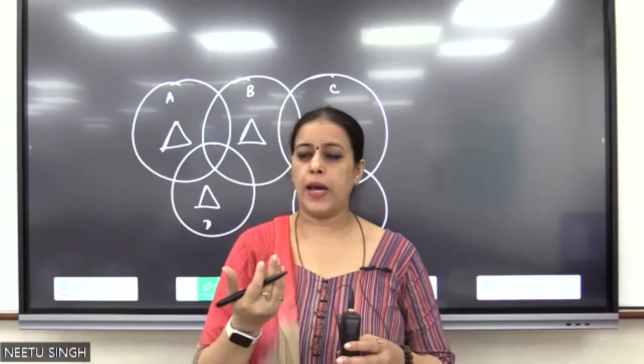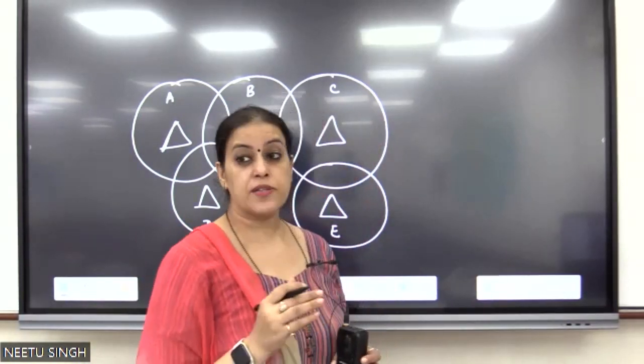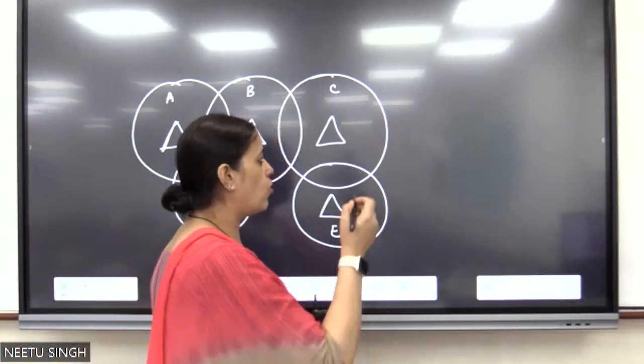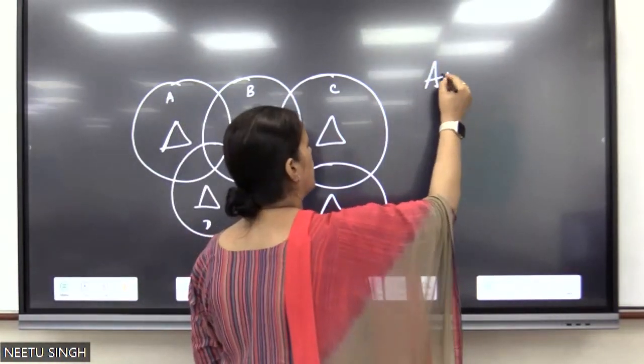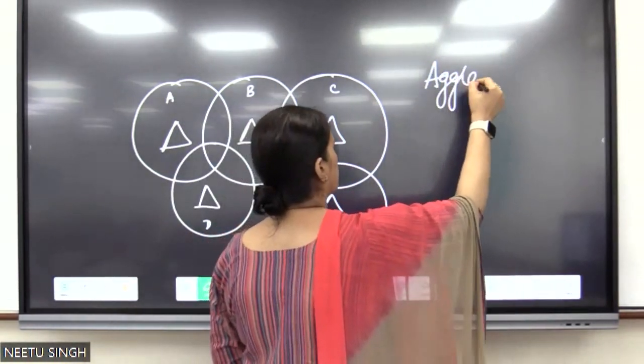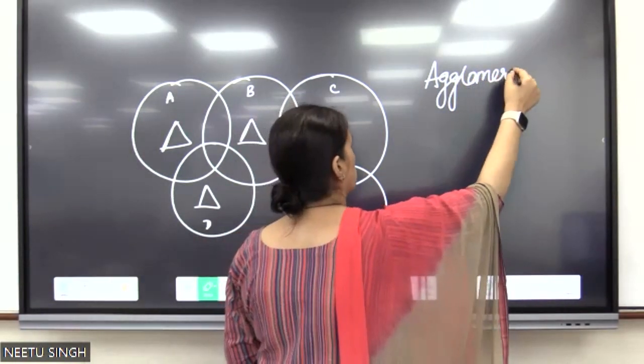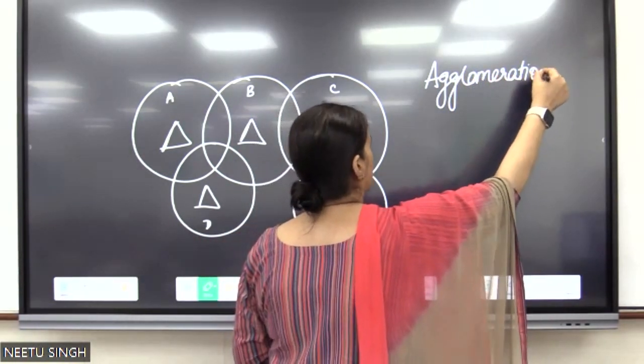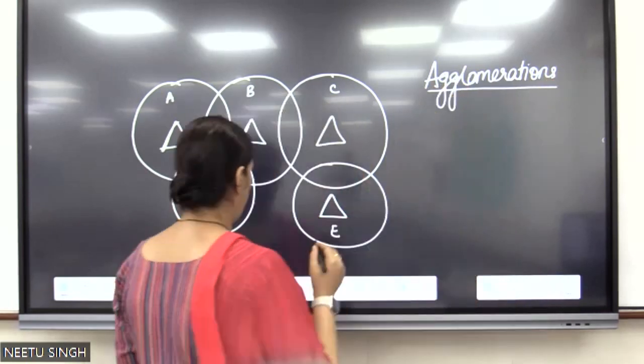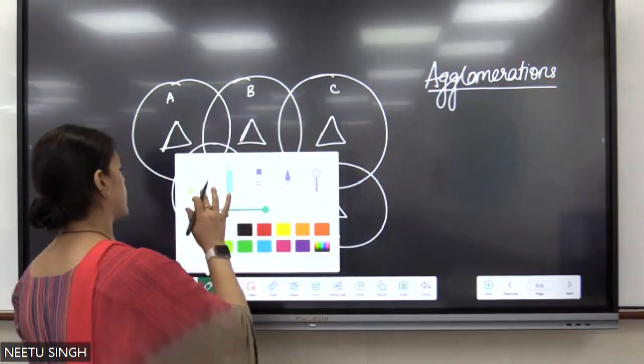What is overlapping? Critical isodopanes are overlapping. This overlap has been given the name agglomeration. And agglomeration is nothing but clustering. Carefully see, I just want to change color to shade them.